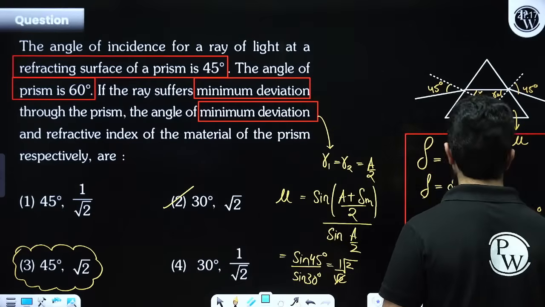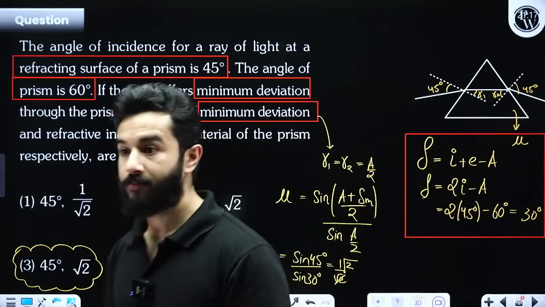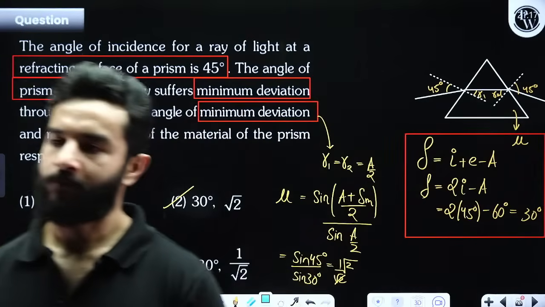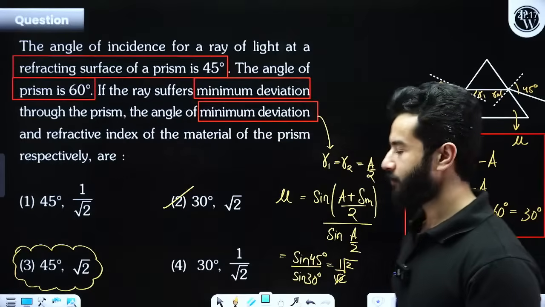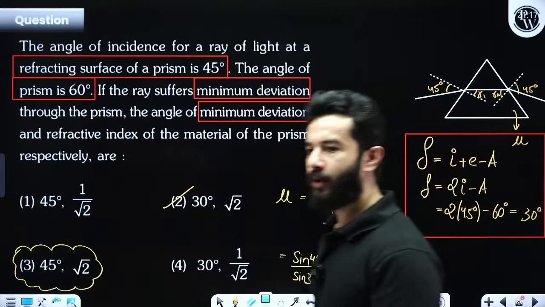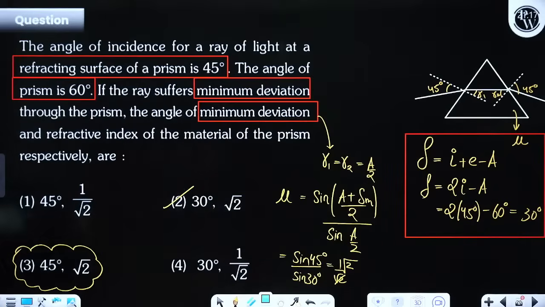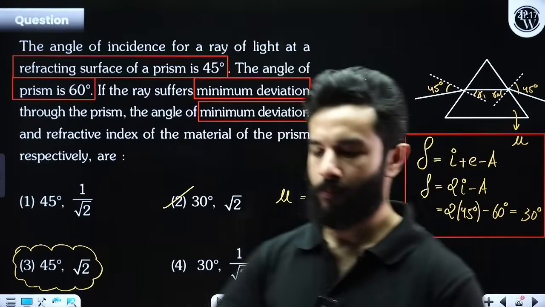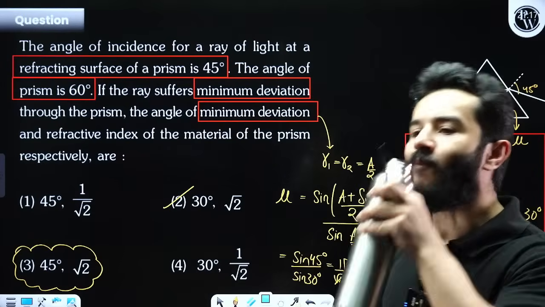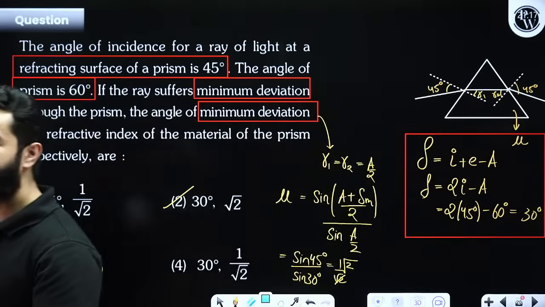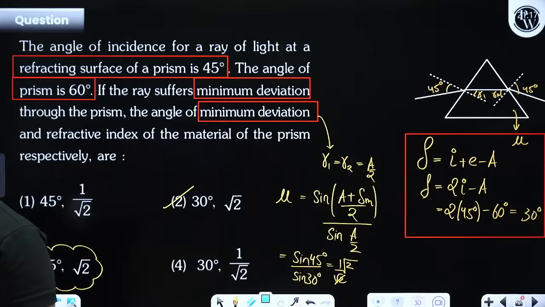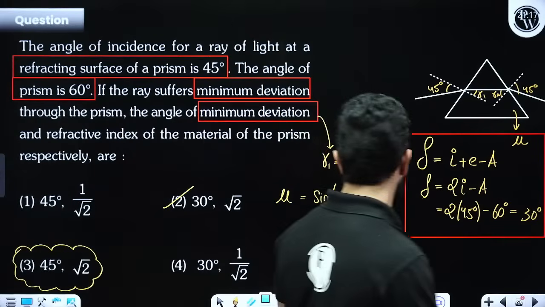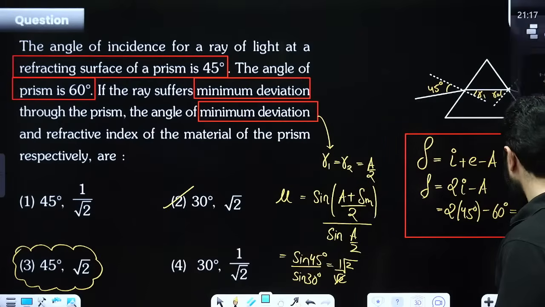See this calculation and ask me if you have any doubt. Please let me know. Any problem in this question? Clear? Done. This is absolutely correct. Chalo, moving on to the next question.